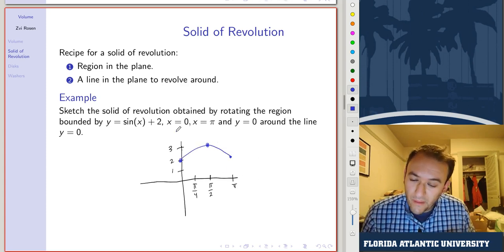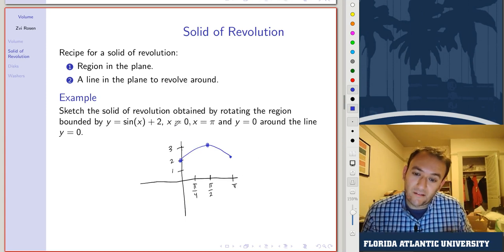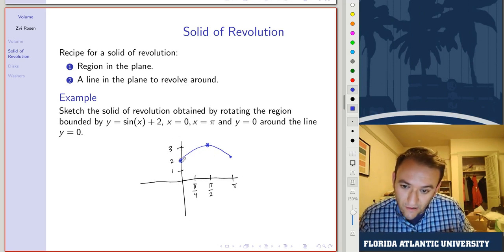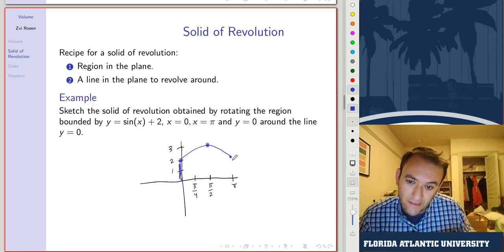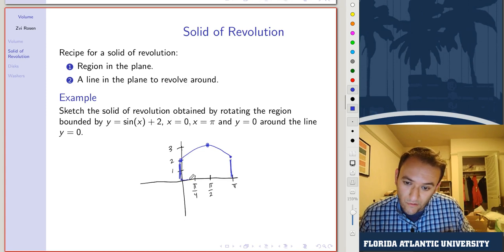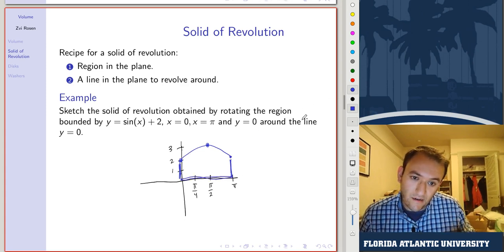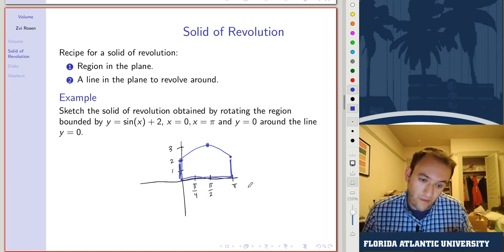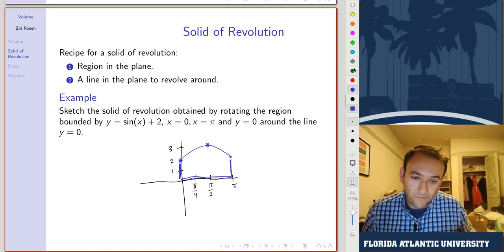Then if we're looking at x equals 0, so that's here, and x equals pi is over here, and y equals 0 is here. So this is our region, the thing we see outlined in blue.